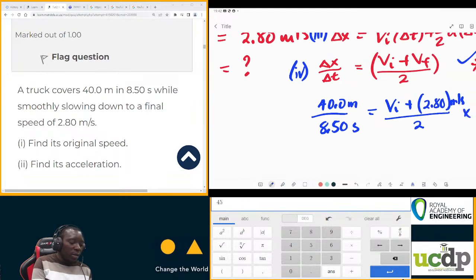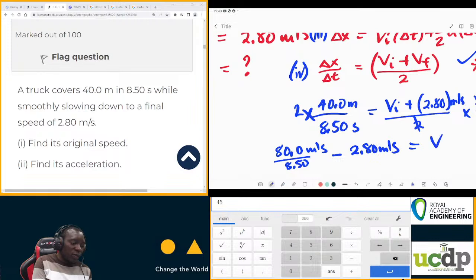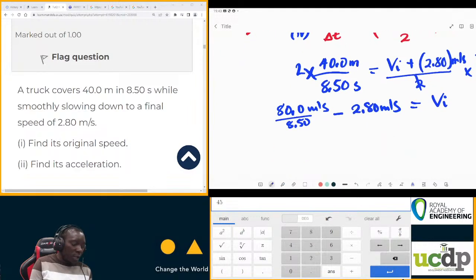So we eliminate the fraction by multiplying by 2 on both sides. What we have is 80.0 meters over 8.5 seconds minus 2.80 meters per second equals Vi. So 80 over 8.5 gives us 9.411.